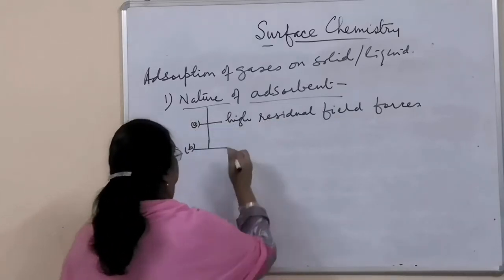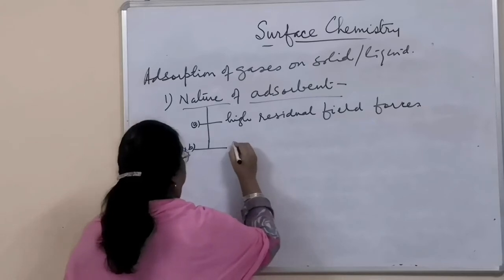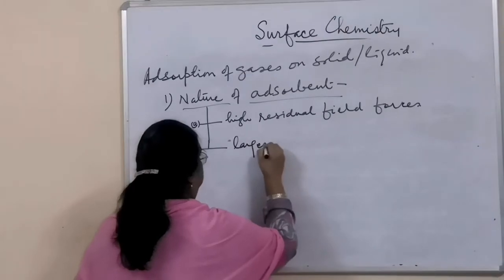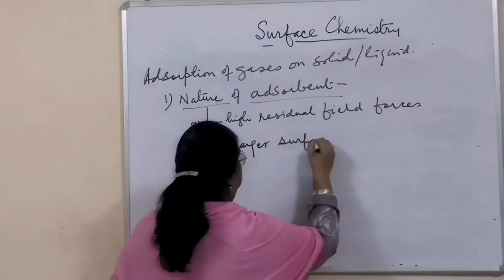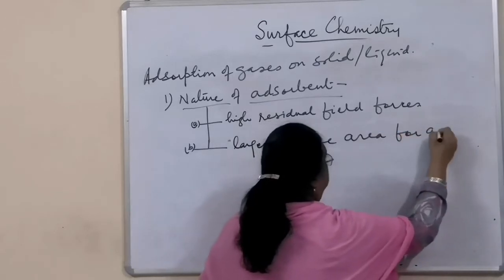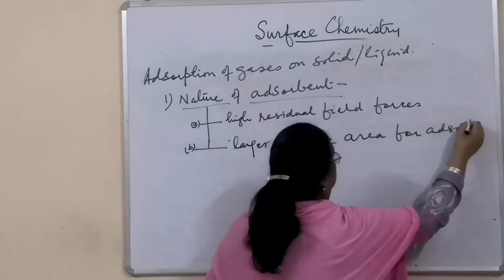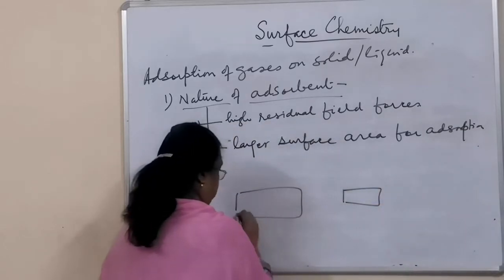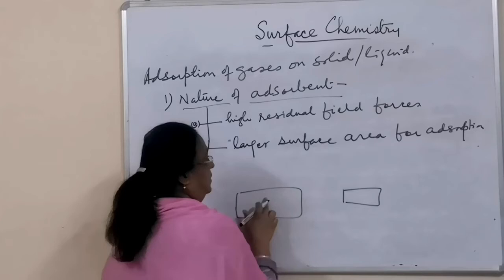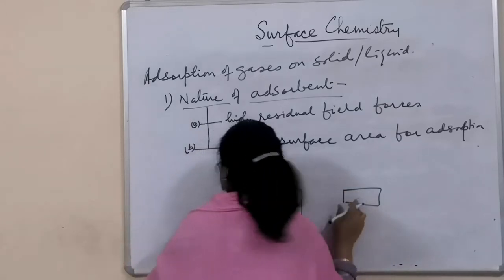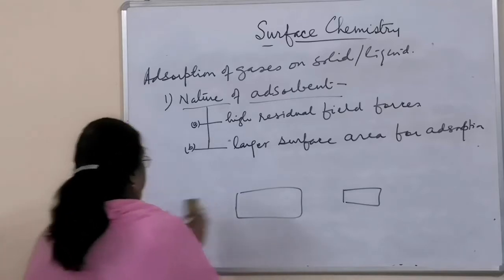Now the second is a high or larger surface area for adsorption. If this is your piece and this is your piece, this has larger surface area, so adsorption will be faster here, adsorption will be slower here.